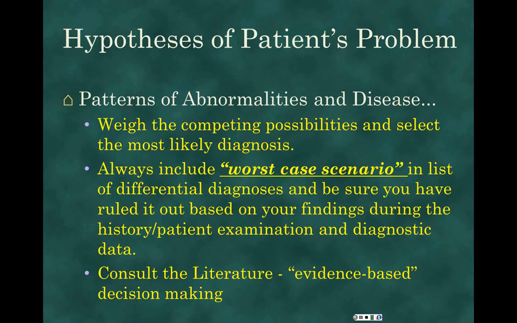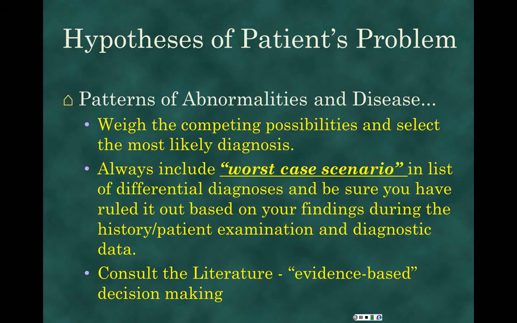In other words, have they had any nausea? Have they had any vomiting? Have they had any vision changes? Have they had any abnormalities in terms of balance? Any weaknesses? All of those kinds of things would help you rule out the worst case scenario, or rule it in if that is the actual diagnosis.